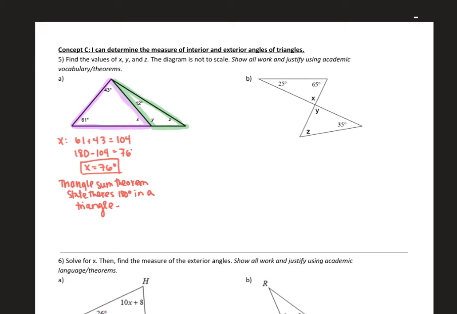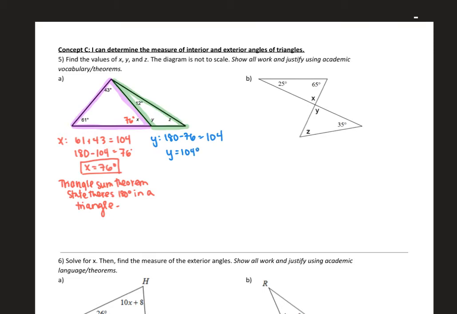All right, so now solving for y, we're going to use the fact that angle x and angle y are a linear pair, which means they have a sum of 180 degrees. So 180 minus 76 is 104. So y equals 104 degrees.